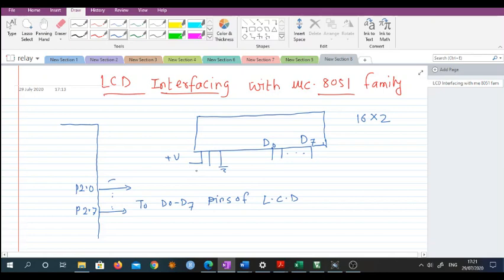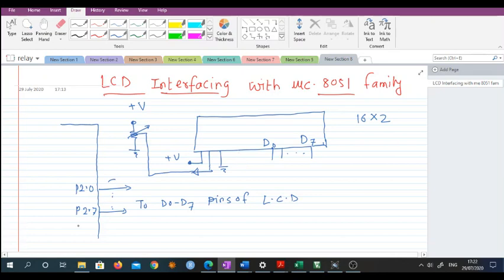To this contrast pin or brightness control, we are providing a resistor pot. To one end of it we are providing the plus supply, and the middle terminal is connected to the contrast pin. As we move this pot, the brightness will change. So the supply, ground and brightness control pins are connected.